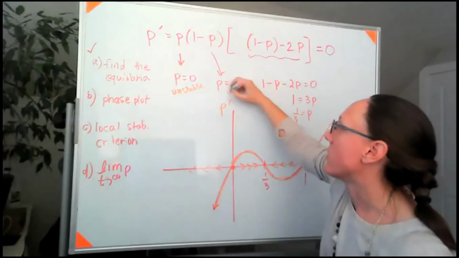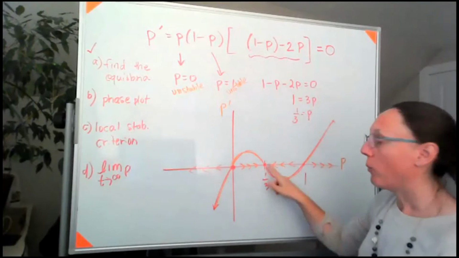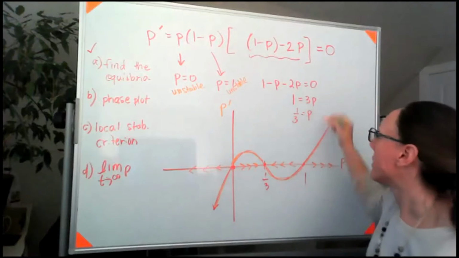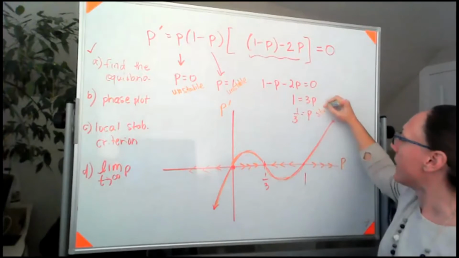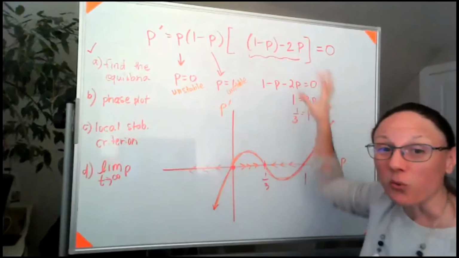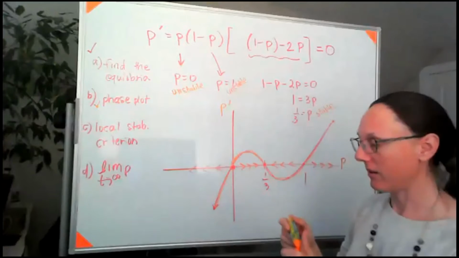So 1 is also unstable. But for 1/3, all of the arrows are pushing in towards 1/3. So this is my stable equilibrium. So that's the information that I can get from this phase plot.